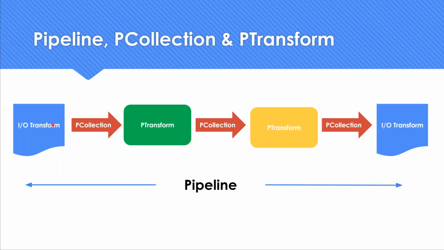You read from that source. When you read from that source, the input to the following transformation layer is going to be called a PCollection. The P stands for parallel, because everything is going to be in a distributed fashion here. So the parallel collection is going to be transformed.